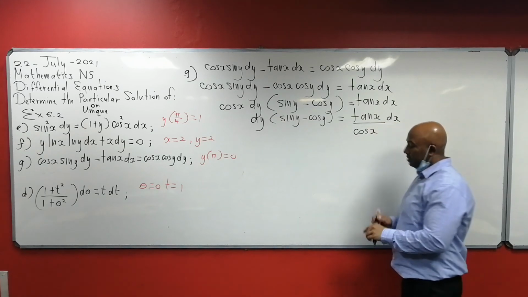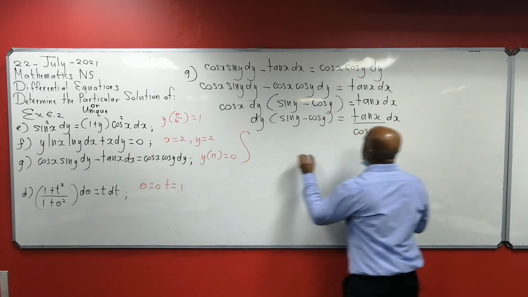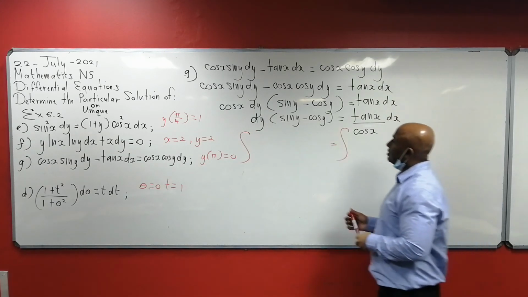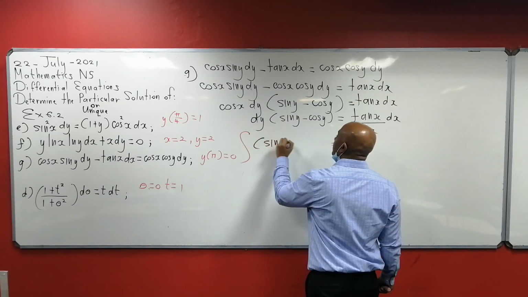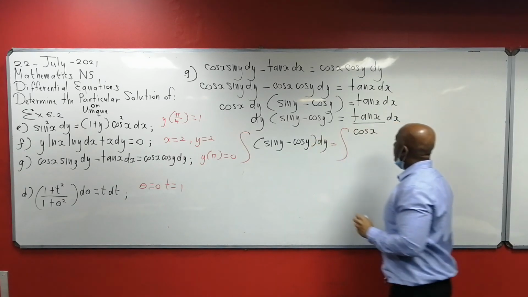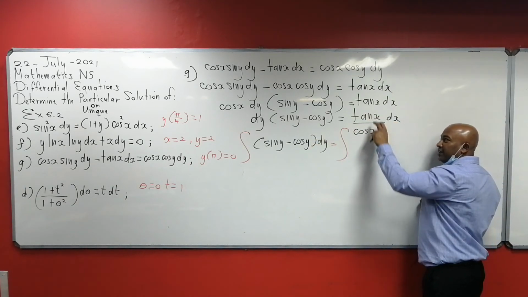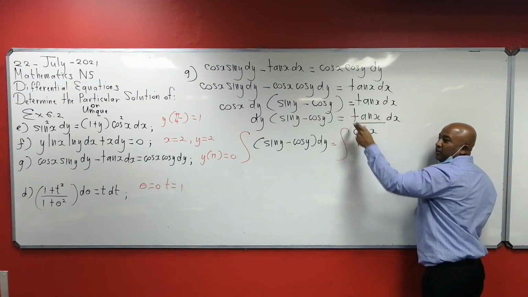Now, let's integrate both sides. I'm going to integrate the left, integrate the right. So that's going to be the integral of sin y minus cos y dy. And here, for this one, 1 over cos x. What is 1 over cos?